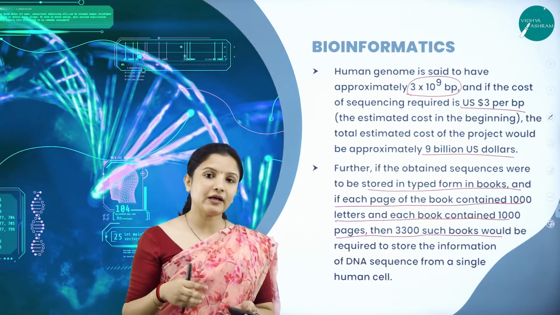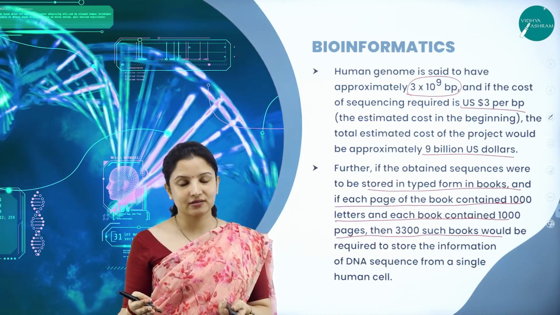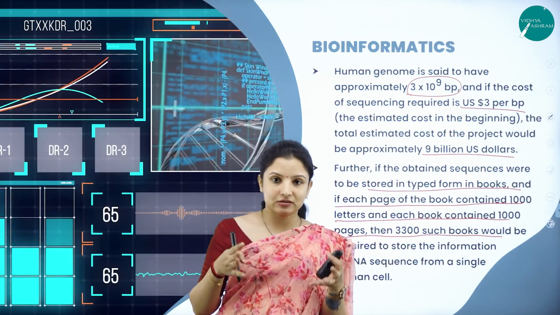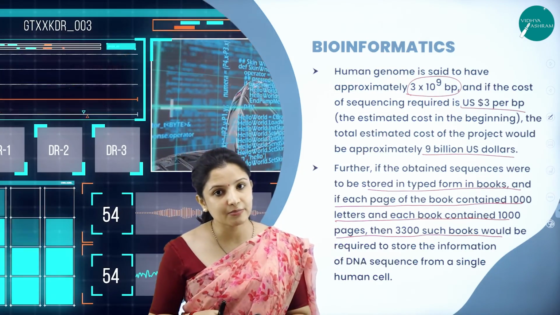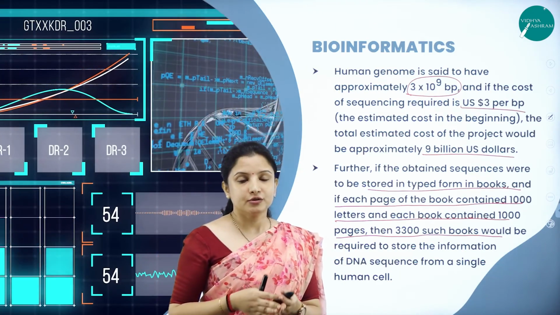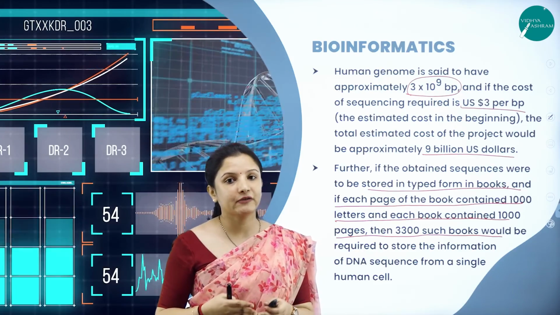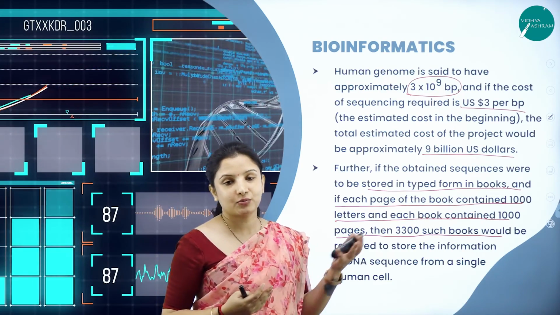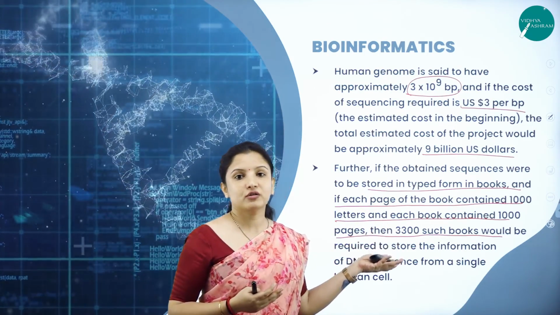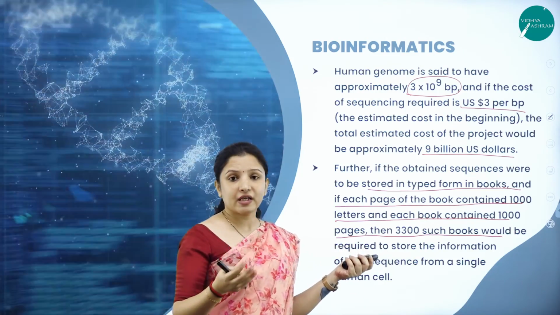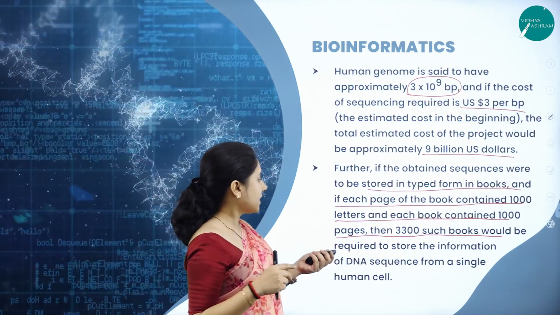So to avoid that, bioinformatics came into existence, and bioinformatics is now a very vast subject and it has a good scope. Whoever wants to take up bioinformatics as their higher studies, it is one of the best options to choose, because very few people go into bioinformatics.